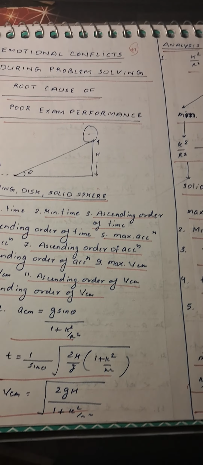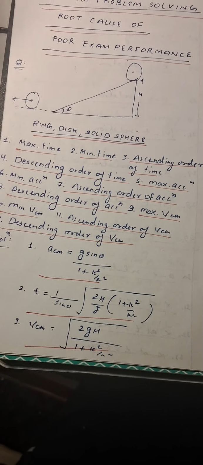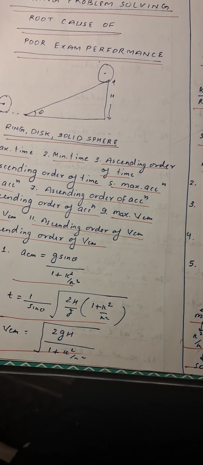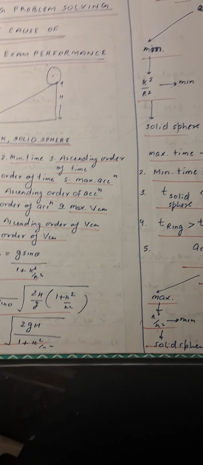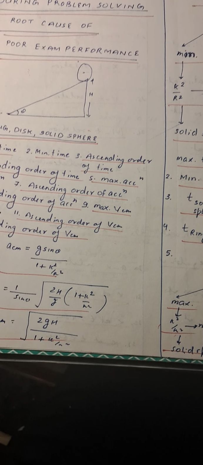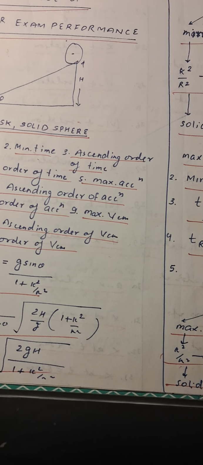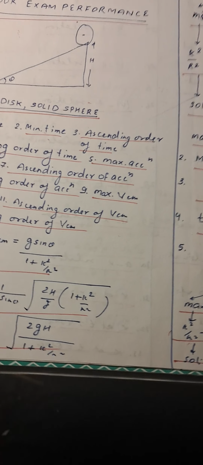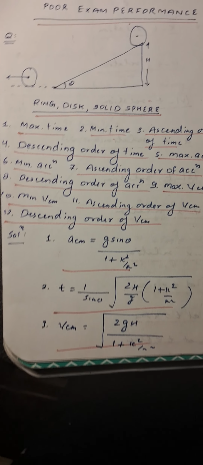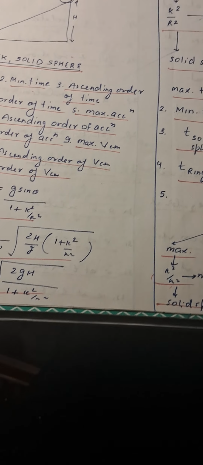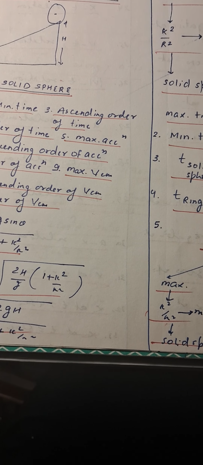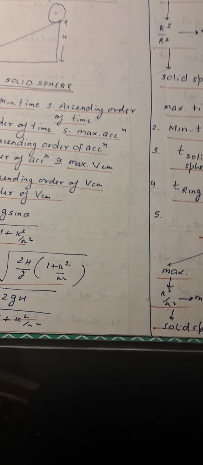So you have seen that when we solve a particular question, you must have felt a certain sort of emotional conflict, and I have chosen a variety of questions so that you can feel the emotional things going on inside you. If you are able to attempt all the questions in one single sitting without being emotionally disturbed, that means you have dominated the flight mode of the mind brain system and you are comfortable in the silent mode.